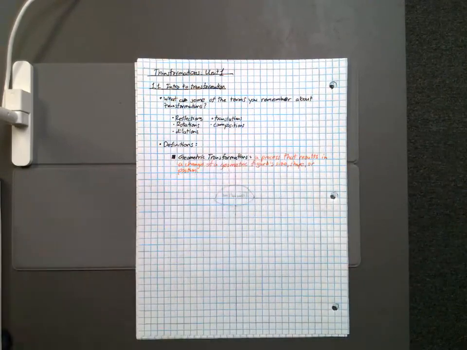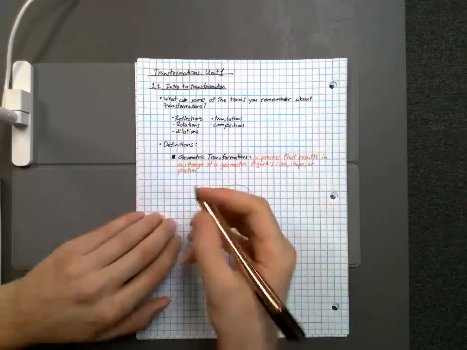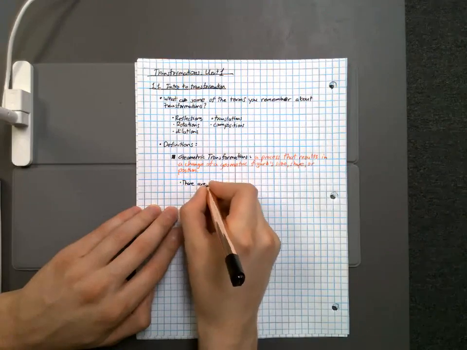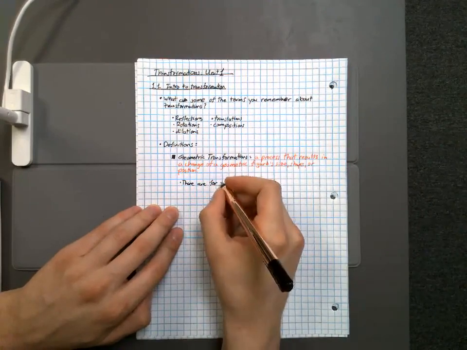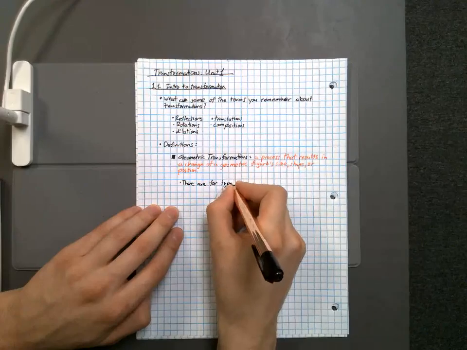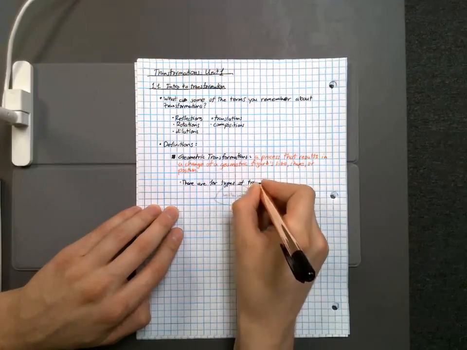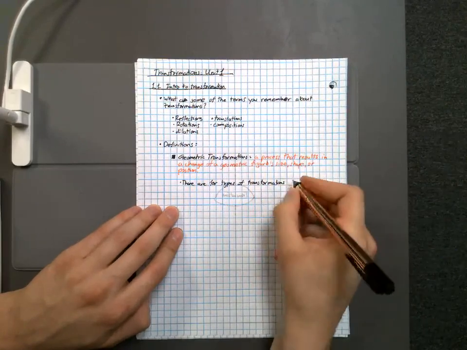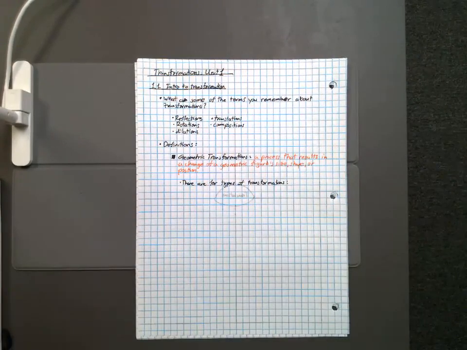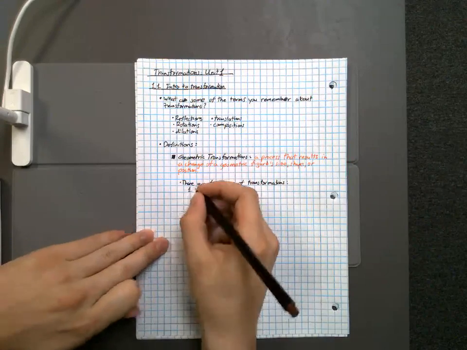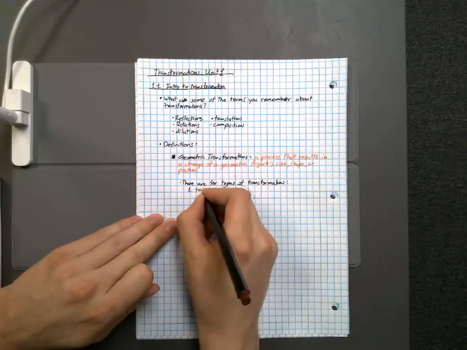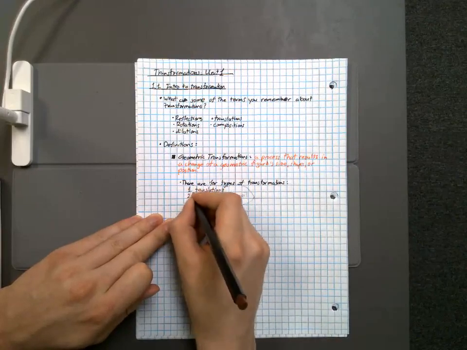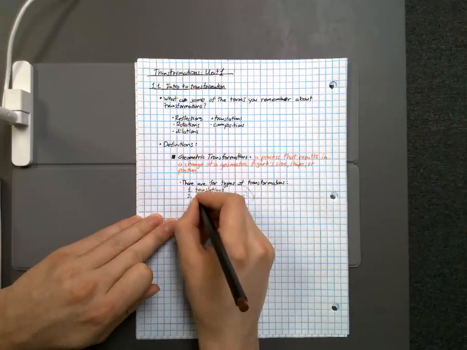Okay? There are 4 types of transformations that we classify under geometrics. Okay, those are number 1, translations. Number 2, rotations.